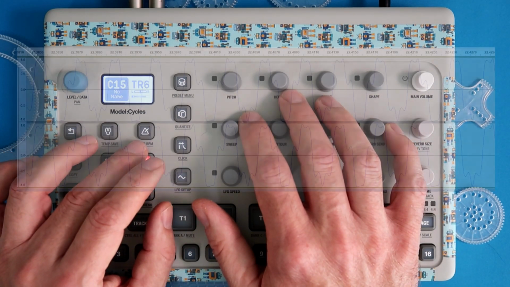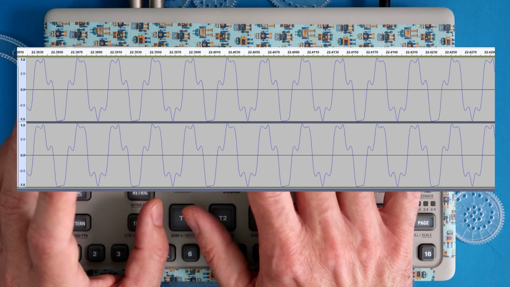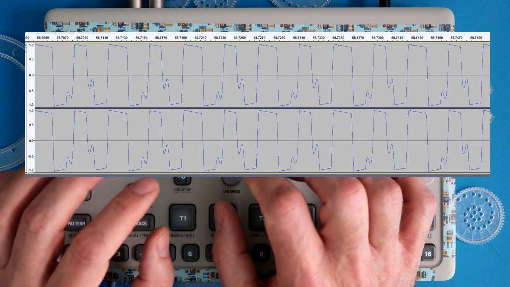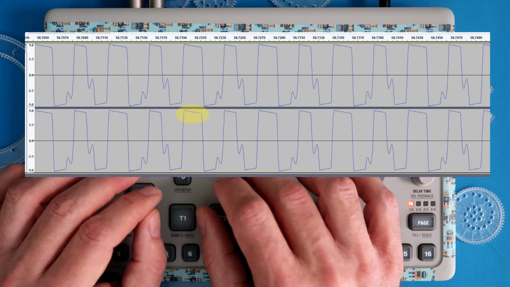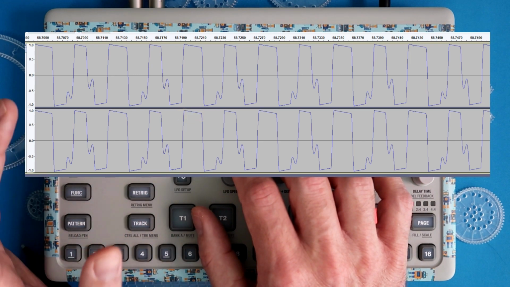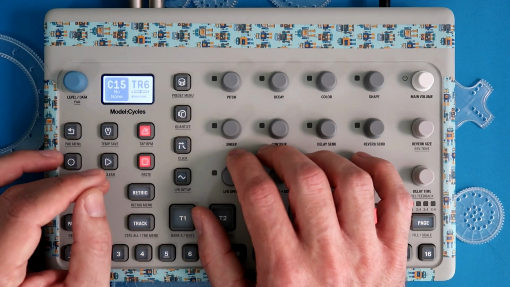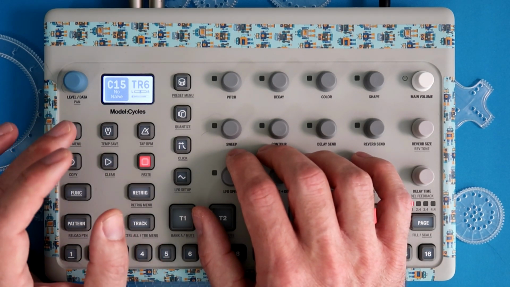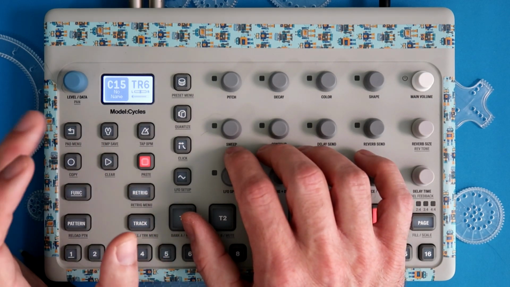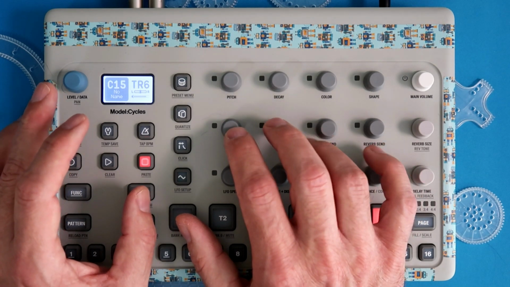And you can go from a clean wave shape like this to a distorted wave shape, and it just is really introducing sort of a jaggedness, and that's what gives the distorted sound. Anytime you have something that is a non-pure sinusoidal shape, you're introducing harmonics into the sound. And so that's what the distorted waves actually look like on the Model Cycles.